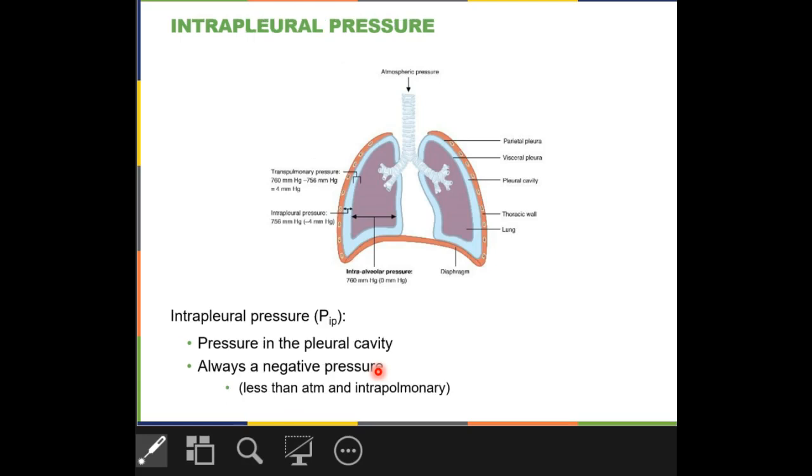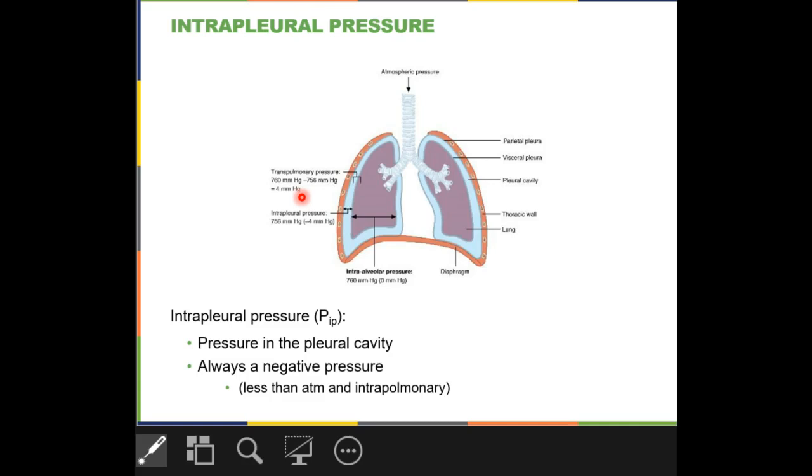Then you have intrapleural pressure. This one I think is a little bit harder to understand, but it's just the pressure in your pleural cavity. So the pressure in that very small space right here, let me move that over the way, right? That little black arrow, that's your pleural cavity, and the intrapleural pressure is the pressure in there.